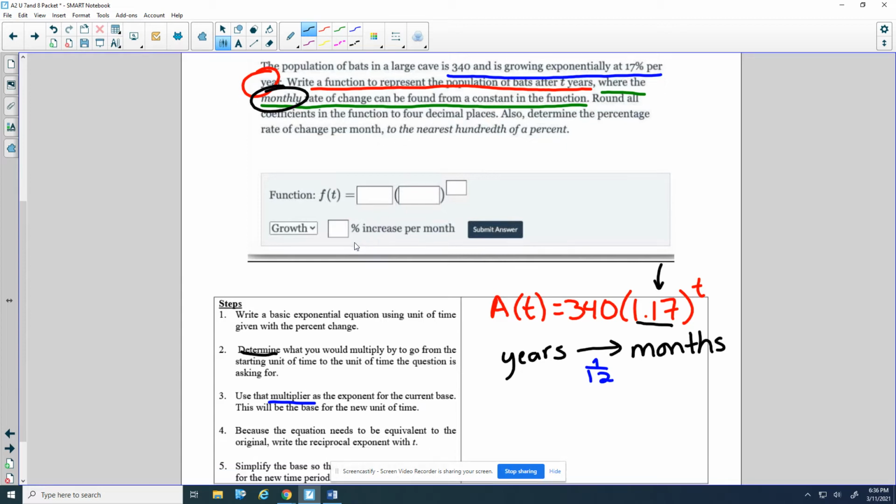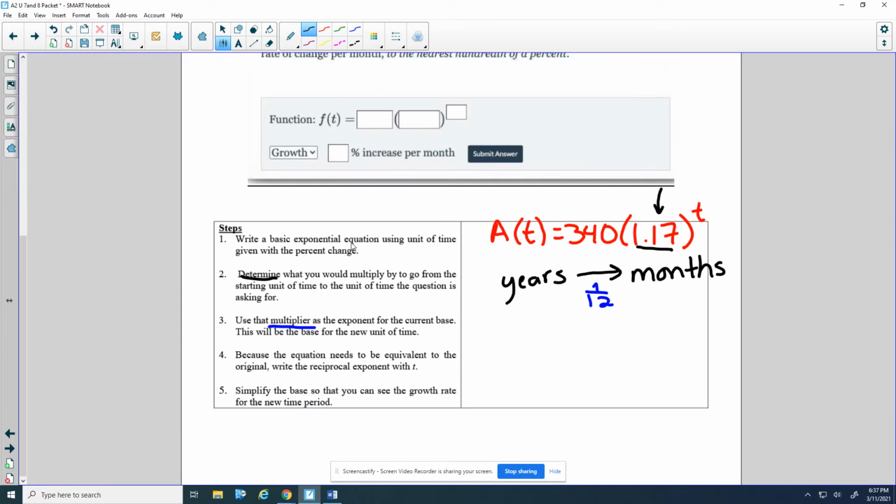I'm going to move this down just a little bit so I have room. So here's my a of t, and I'm going to raise 1.17 to the 1/12. Now that's not really legal because I can't just change the equation.